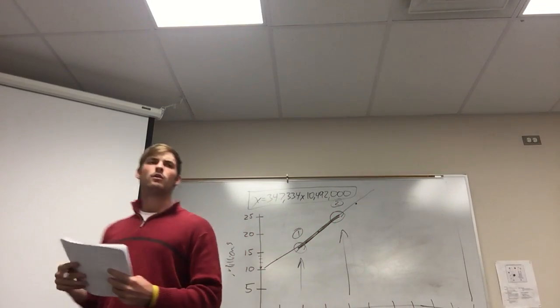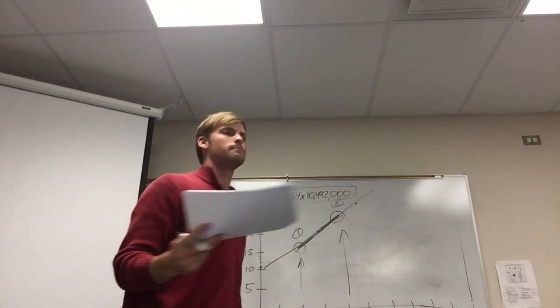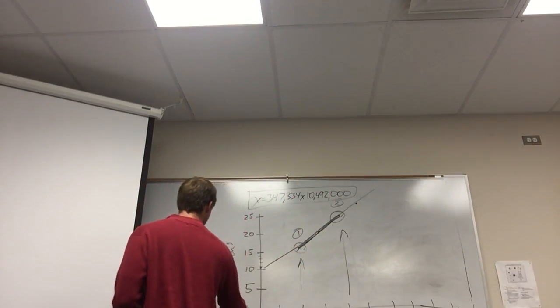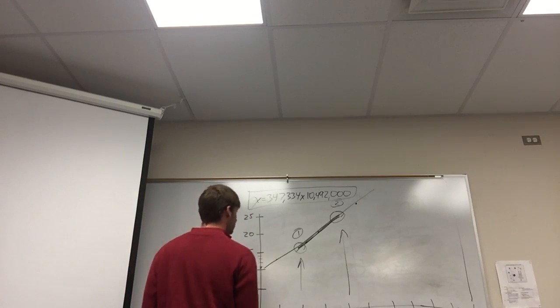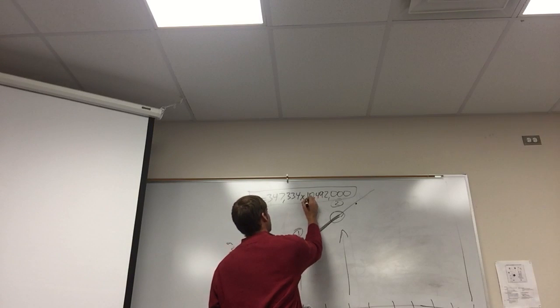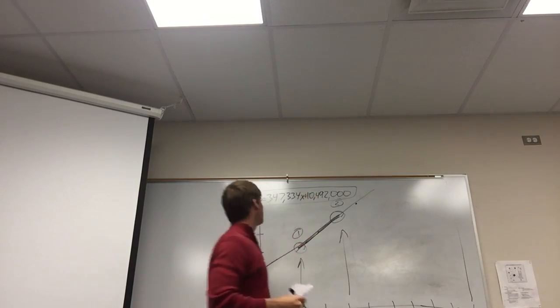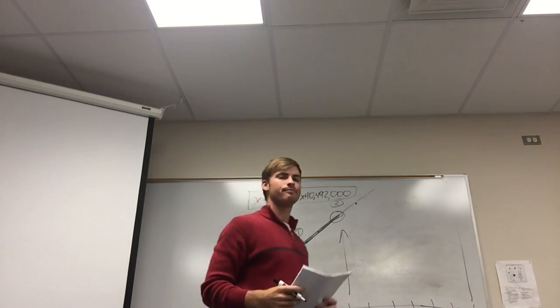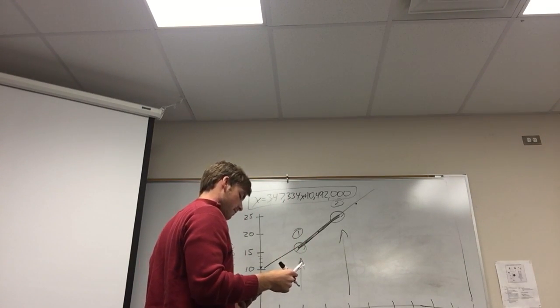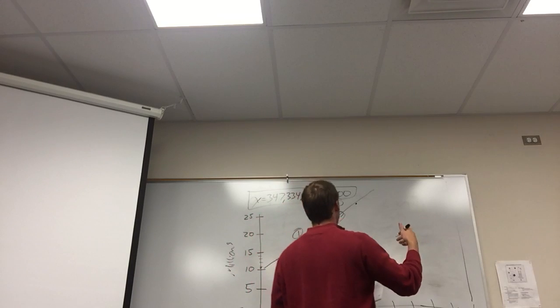Alright, so who can tell me what I need to do to start this equation? And remember, this is our x-axis, this is our y-axis. So what am I going to plug in for x here? I need a plus sign in here. Alright, what am I going to plug in for my x? Very good. I'm going to plug in a 100.